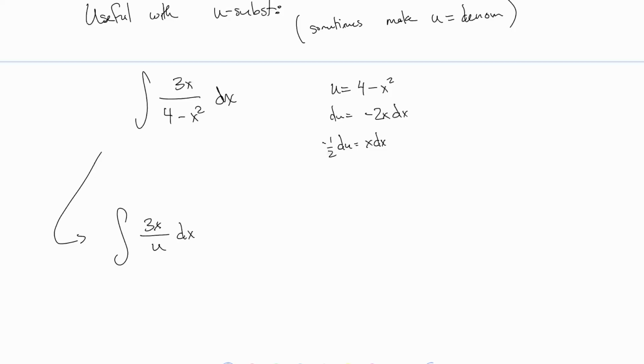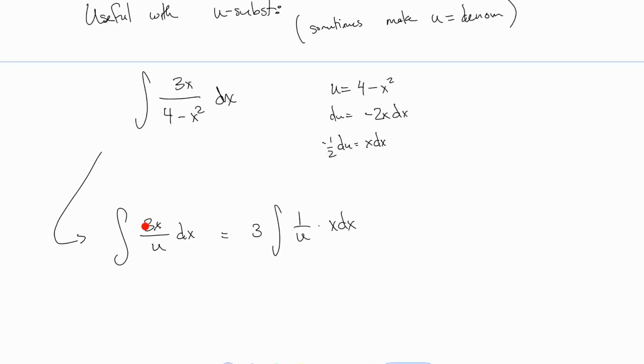All right. 3x over u times dx. Right? I just put the u where it goes. Now, what can we do with 3x? I would say we can move the 3 out of the integral, first of all, because that's a constant multiple. And then x on the top, we can group that together with the dx. So I'm going to write this as 3 integral 1 over u and then x dx.